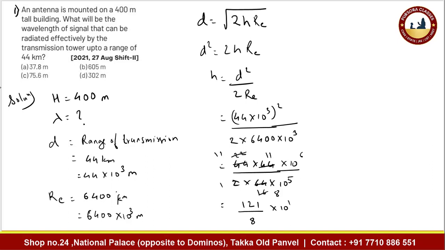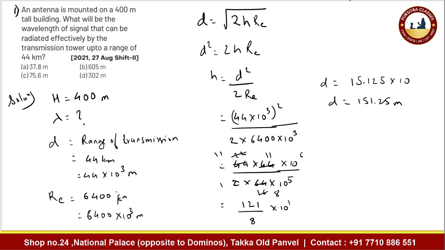If we divide 121 by 8, we get 15.125 into 10, or we can write 151.25 meter.